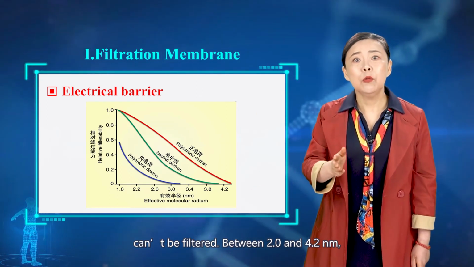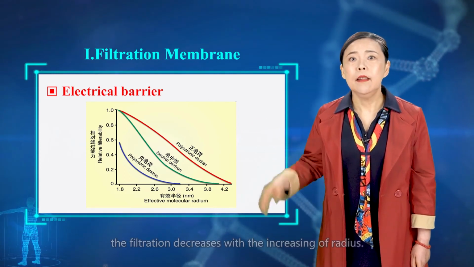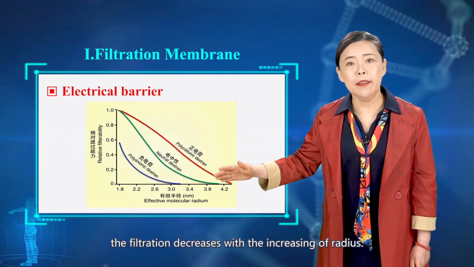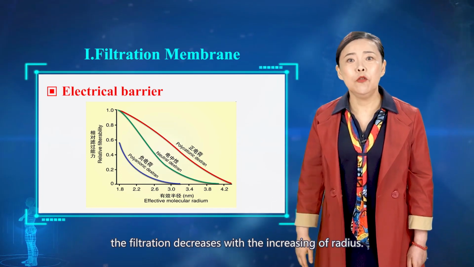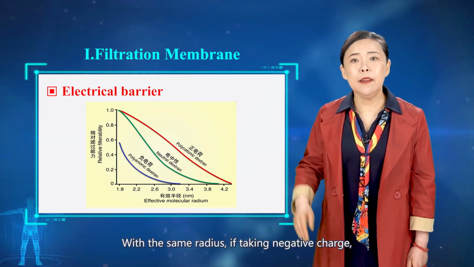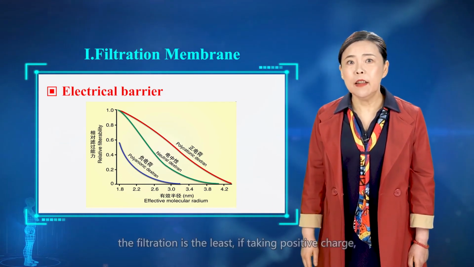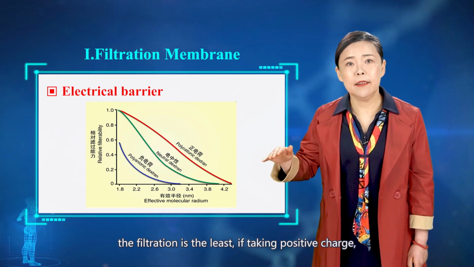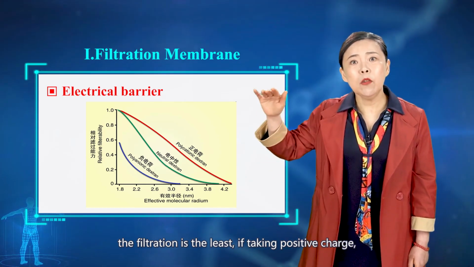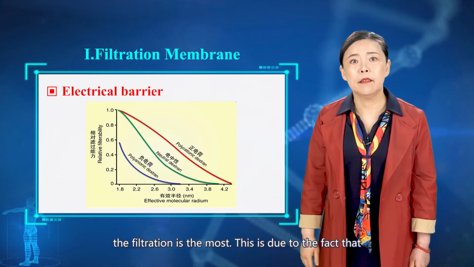Between 2 and 4.2 nanometers, the filtration decreases with the increase of radius. With the same radius, if taking negative charge, the filtration is the least. If taking positive charge, the filtration is the most.